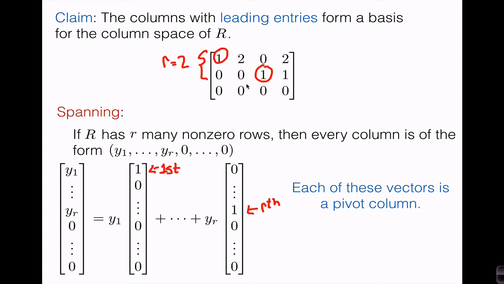And moreover, these pivot columns have 1s in distinct rows, right? That's the nature of a row echelon form. So therefore, these r many pivot columns are exactly these r vectors. So this shows that the pivot columns span the columns of a matrix in reduced row echelon form.